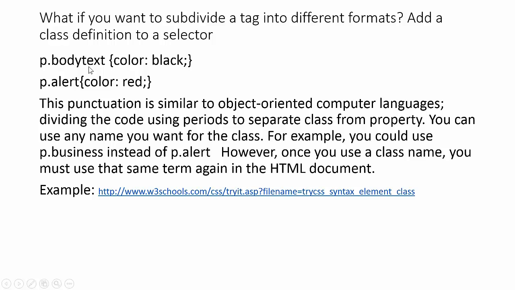In this example, the author just said, okay, we're going to call this body text. So anytime we encounter, and I'll show you this in a second, within the body, something called body text, we want all that color of that text to be black. However, if we encounter a P tag, paragraph tag, and we see that the class is called alert, we want that text to be red. And it gives you a lot more control over different elements inside your web page.